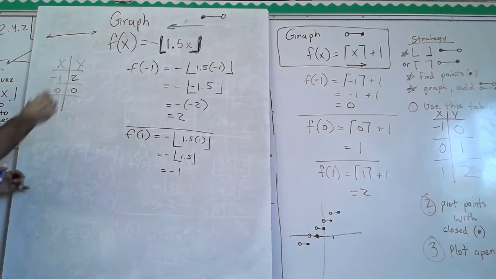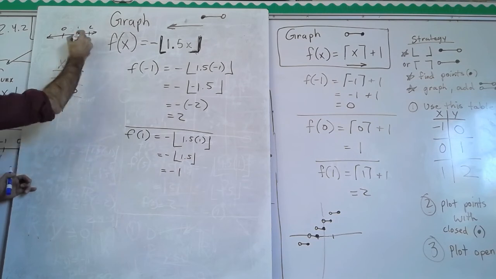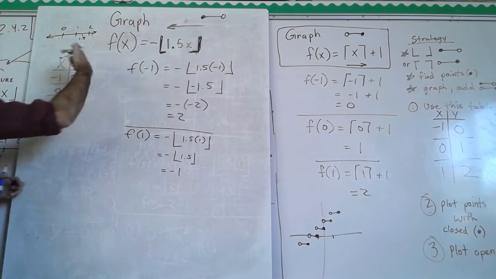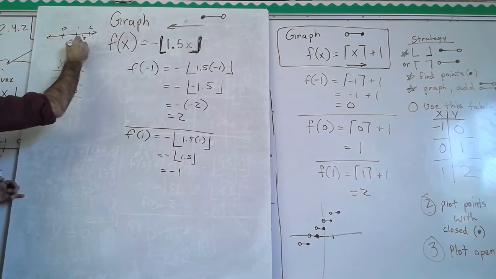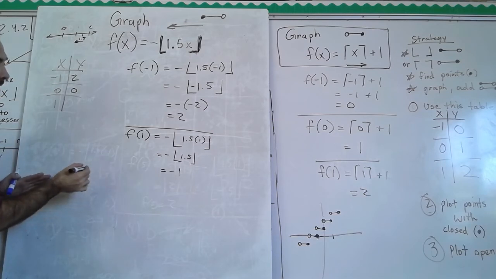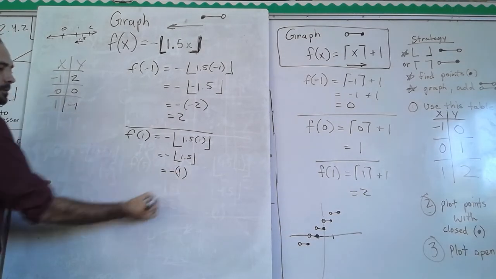So watch: 0, 1, 2. We're at 1.5, right? It's a floor function, so we know we're rounding towards the lesser numbers. So this is going to round to 1. Honestly, just put a number line on the top of the sheet, because it's way easier to visualize it that way, until you don't need it. So we ended up with negative 1 altogether.